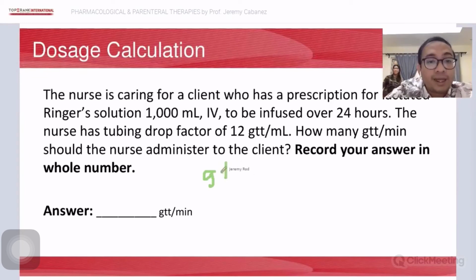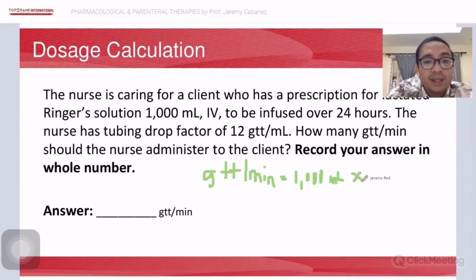Okay, ano ang formula natin? Okay, ang formula is drops per minute. Get the total volume first. And what is the total volume? 1000 ml. Right? 1000 ml. That's the total volume. Multiply by drop factor. Diba? Kailangan drop factor muna. So, ilan yung drop factor? 12. 12 drops per ml.